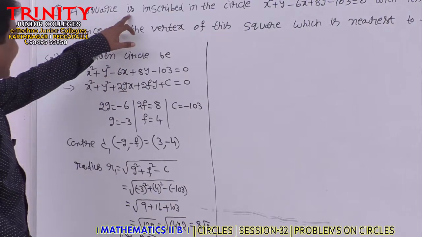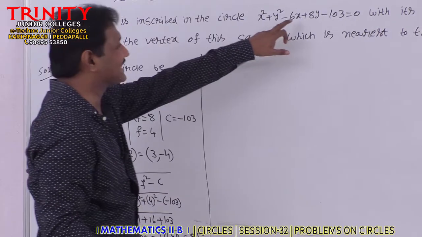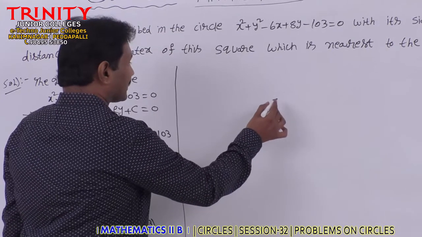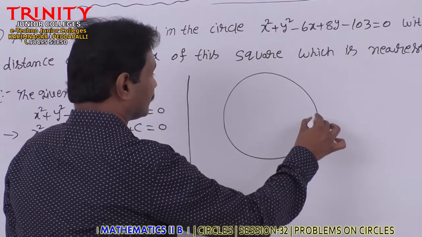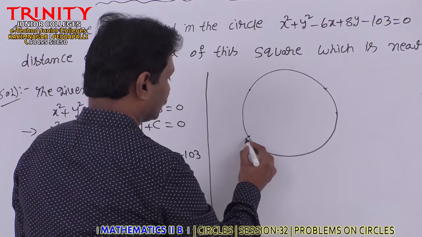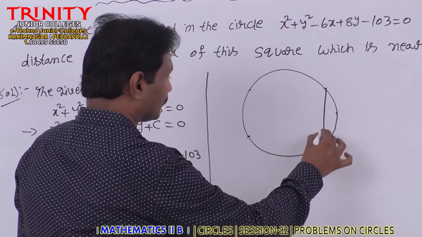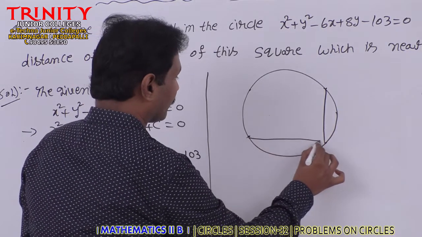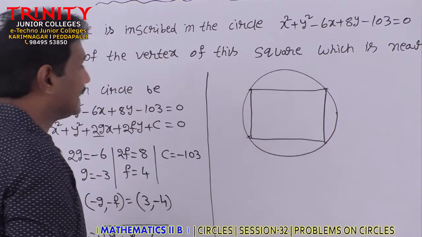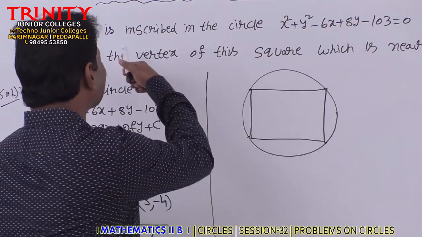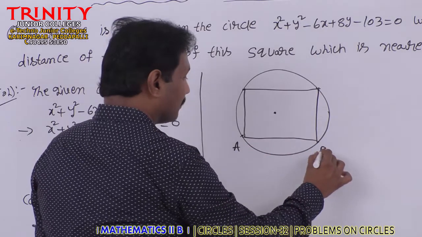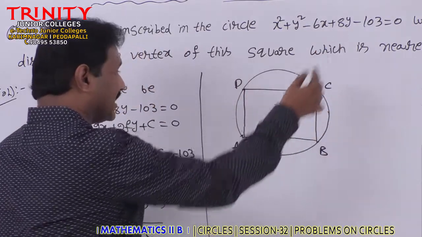Actually, a square is inscribed in the circle with its sides parallel to the coordinate axis. First, this is a square. The square is inscribed in the circle. The square is ABCD. This is the equation of the circle.